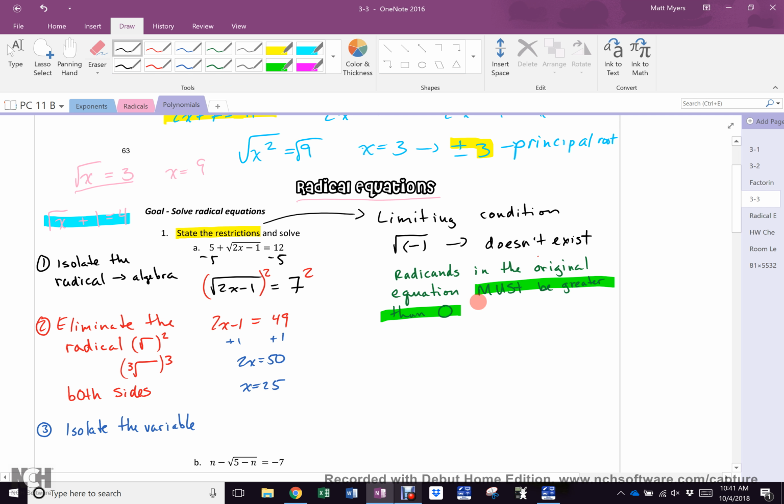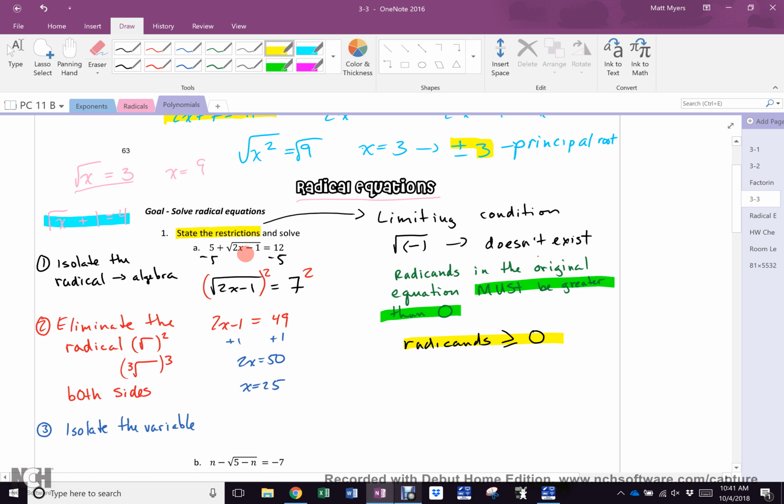Greater than, right? So all radicands must be greater than or equal to what? Are they allowed to be 0? Does 0 have a square root? Sure it does. What's 0 times 0? 0. So our radicands must all be greater than or equal to 0.